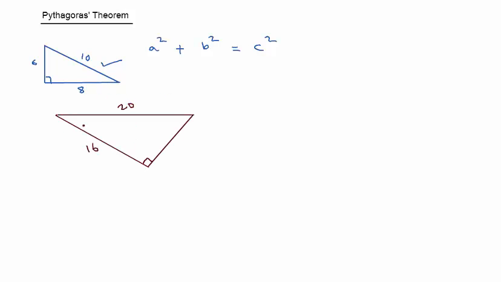So here's a right angle triangle where the hypotenuse is 20 units long. One of the other two sides is 16 units long, and we need to find the length of the other side, the third side. So let's say this length is x. Now applying the Pythagoras theorem, we have 16 square plus x square is equal to 20 square, right? 16 square is 256 plus x square is equal to 20 square, which is 400.